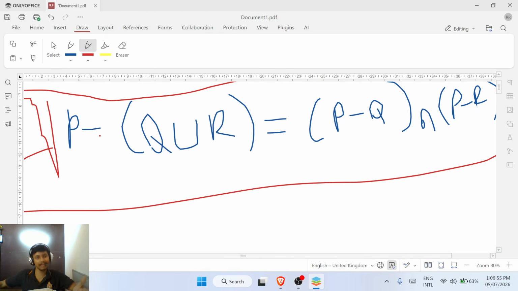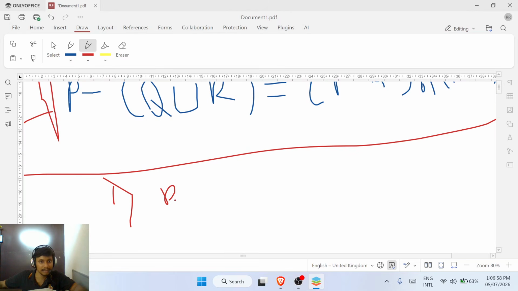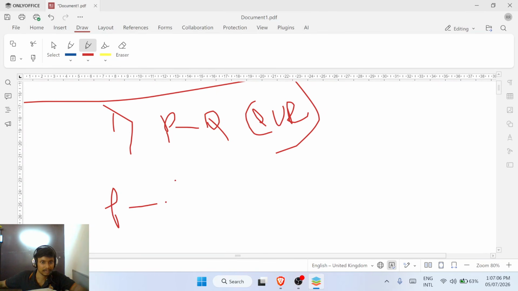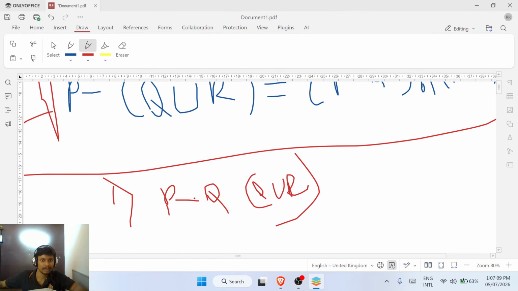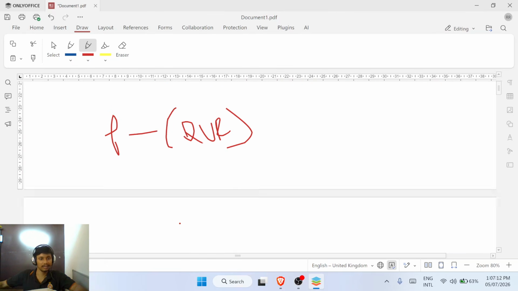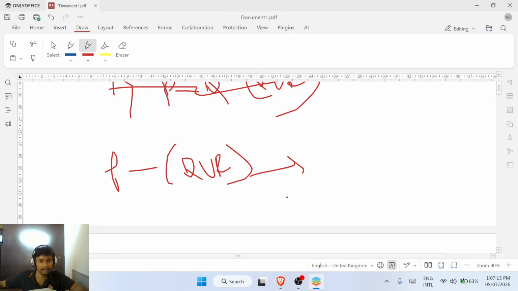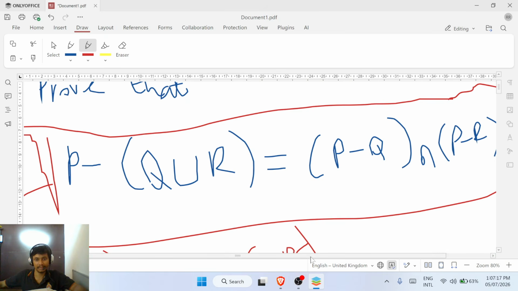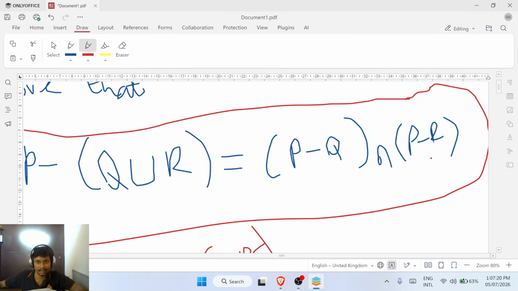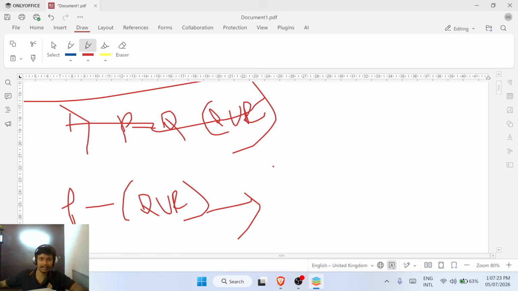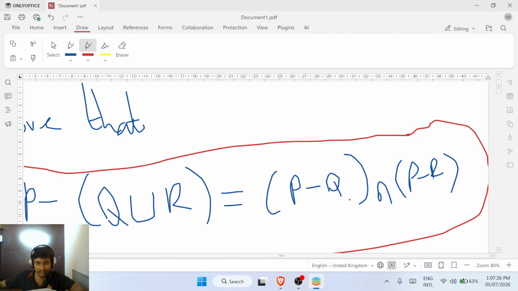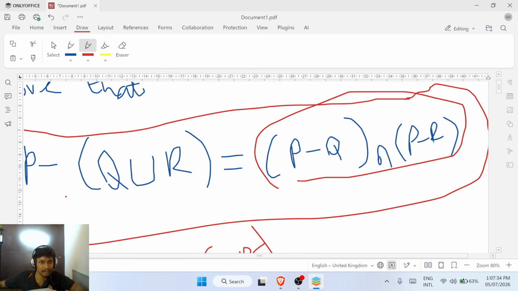The first method is to take P minus (Q union R) and prove that it is equal to (P minus Q) intersect (P minus R). The other method is to take (P minus Q) intersect (P minus R) and prove that this is equal to P minus (Q union R).